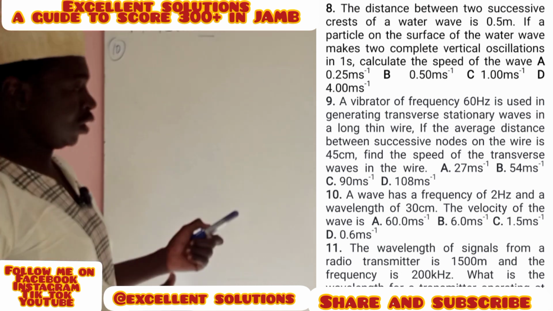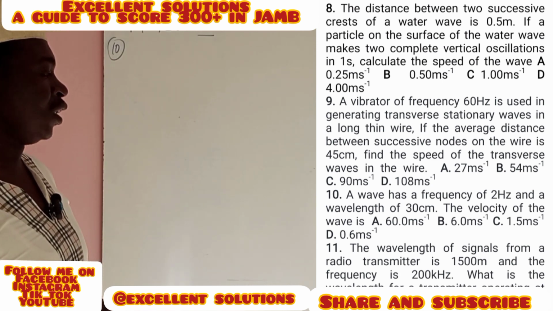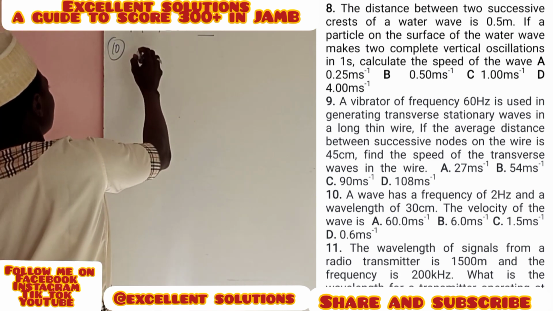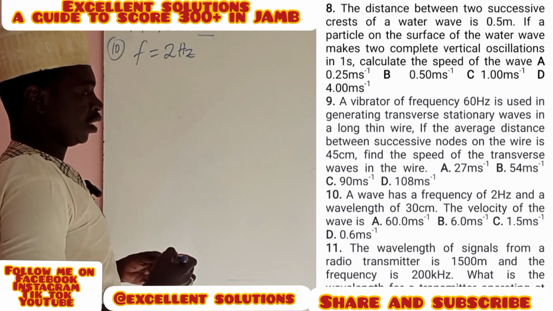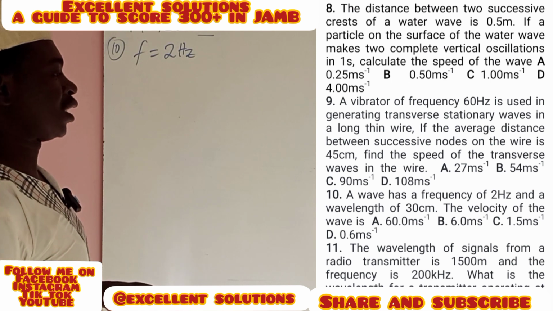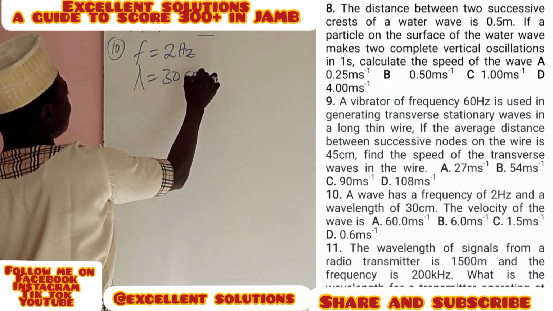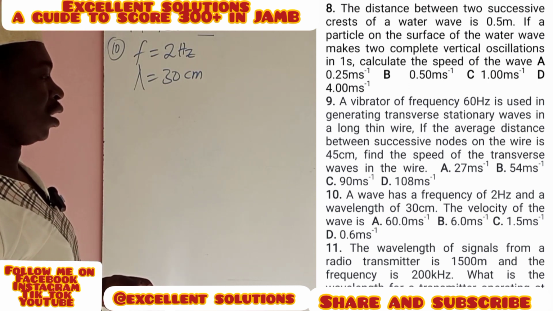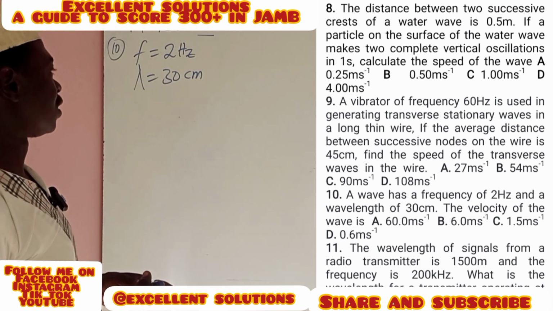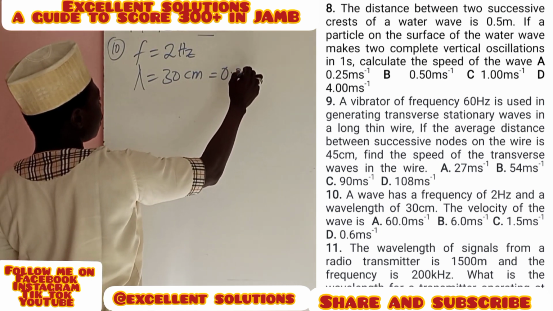The next question is question 10. It says a wave has a frequency of 2 Hz, so F equals 2 Hz, and a wavelength of 30 centimeters, so lambda equals 30 centimeters. The velocity of the wave is asked, so we convert lambda into 0.3 meters.